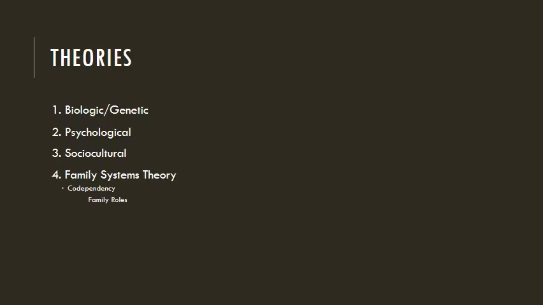Okay, now we want to look at theories or explanations for why substance abuse or substance dependence develops. One theory is the biological or genetic theory. This focuses more on the dependency as a disease.